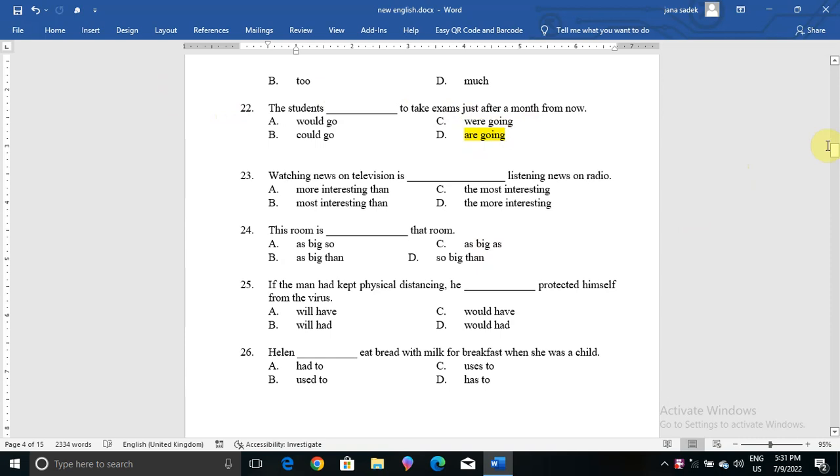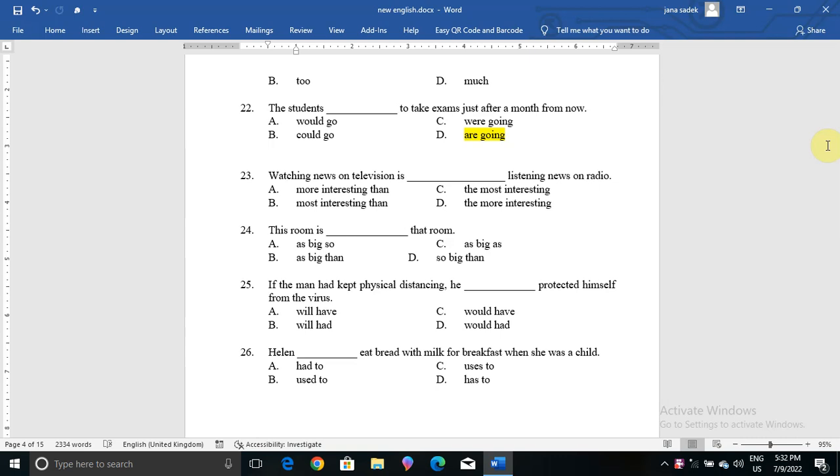Now question number 23 says watching news on television is dash listening to news on radio. Here we are comparing between two, and when we compare between two, what will we use? We will use of course more, not most. So B and C are not the correct answers. We will use only A and D. In A we have more interesting than, and in D we have the more interesting.